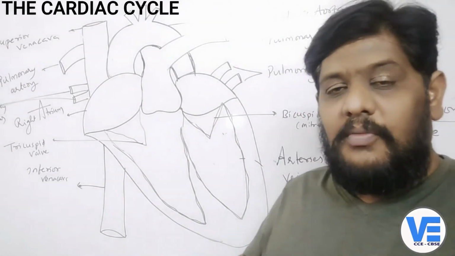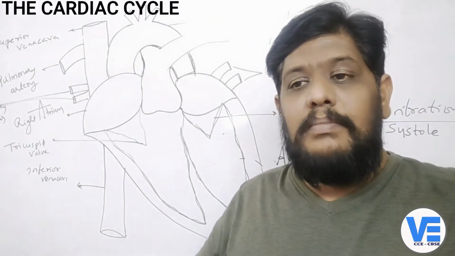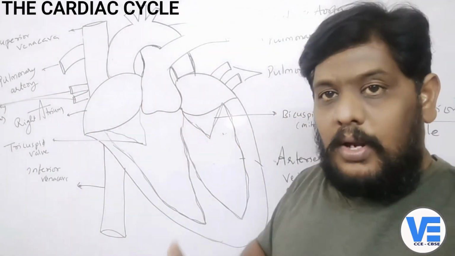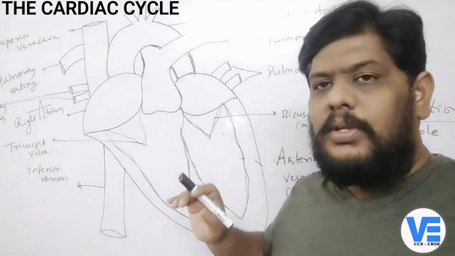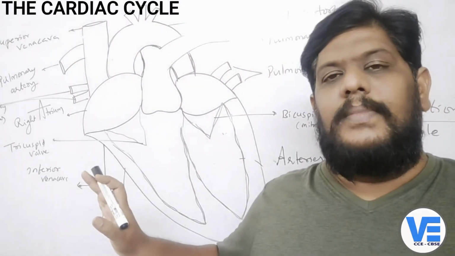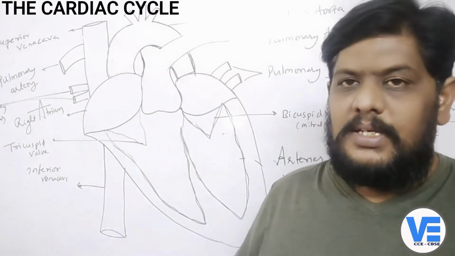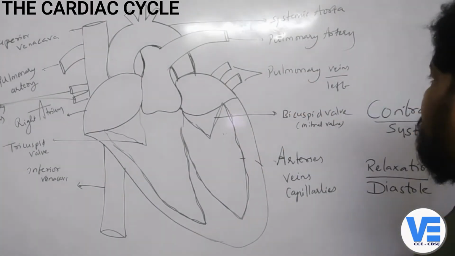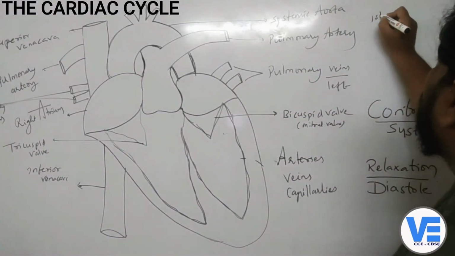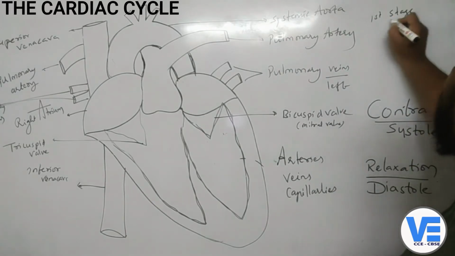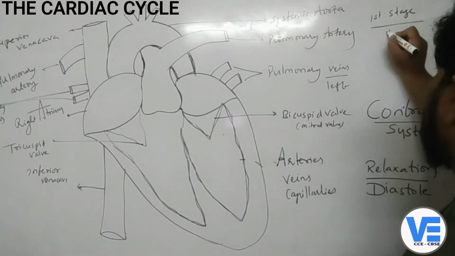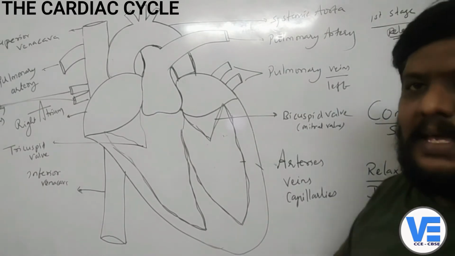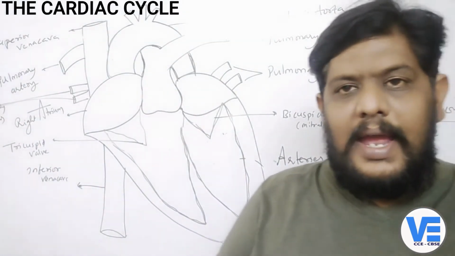But here what we are doing is, we are just imagining that the atria or auricles and the ventricles both are in a relaxed state. That is the first thing we have to understand. So the first stage is relax, relax of atria and ventricles.